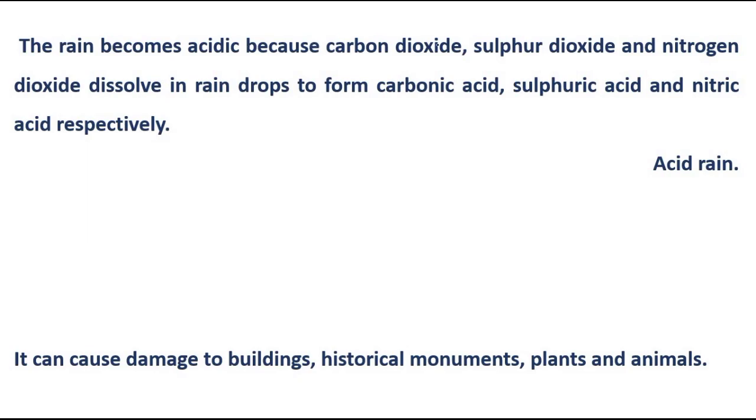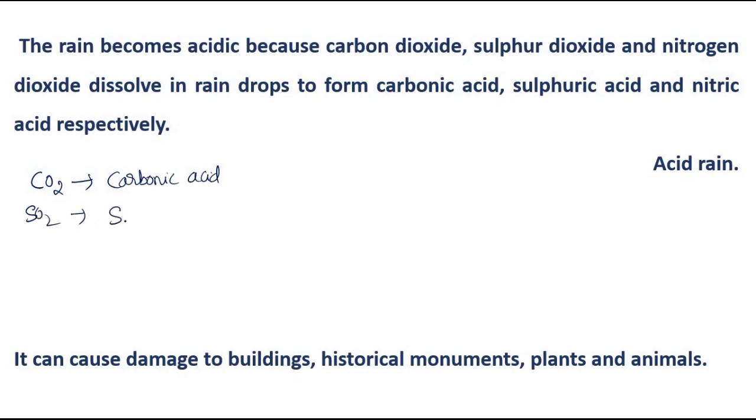We know that the rain becomes acidic because carbon dioxide, sulfur dioxide, and nitrogen dioxide dissolve in raindrops to form carbonic acid, sulfuric acid, and nitric acid respectively. When carbon dioxide mixes with water vapor, it converts into carbonic acid.